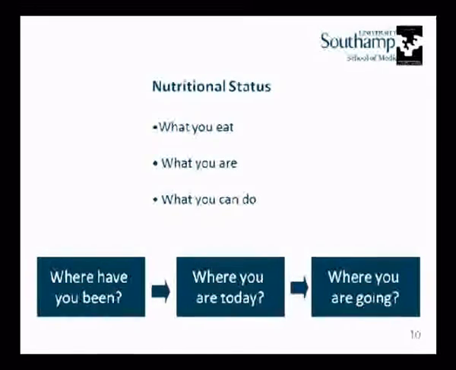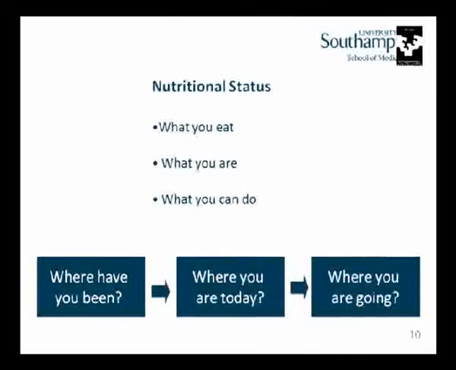So your status today can predict what will happen to you in the future, particularly in terms of chronic disease. And for many of our governments, that is the big concern, the obesity problem, and the risk factors and the costs associated with chronic disease in the future of having an obese population today.